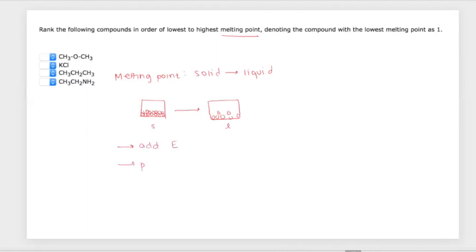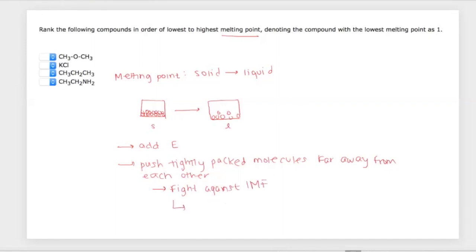Any solid molecules that we have pushed really closely together, we have to push these molecules further apart from each other. To relate this to intermolecular forces, this means we have to fight against intermolecular forces because intermolecular forces try to hold things together. That tells us that the stronger intermolecular forces will have the higher melting points.